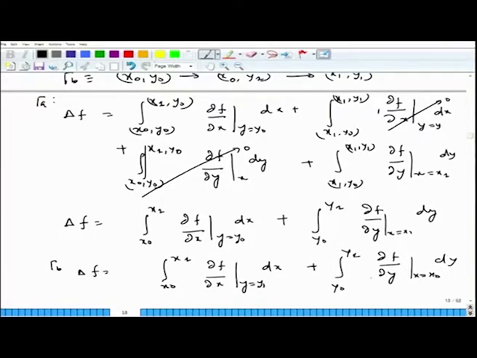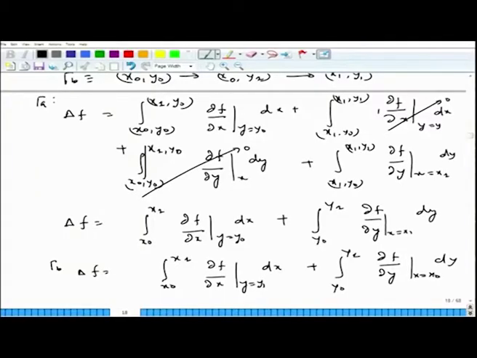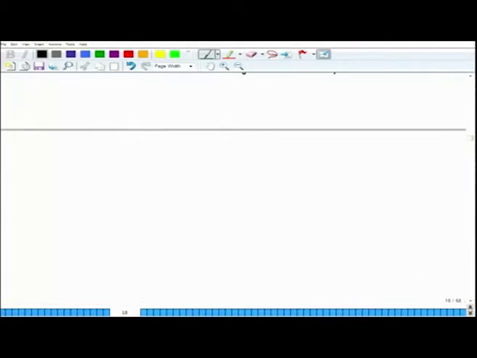Okay, so the constants are different. So this is a simple way of finding out changes in the functions using paths which are broken into different line segments.